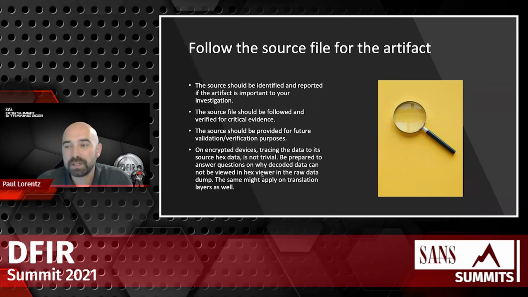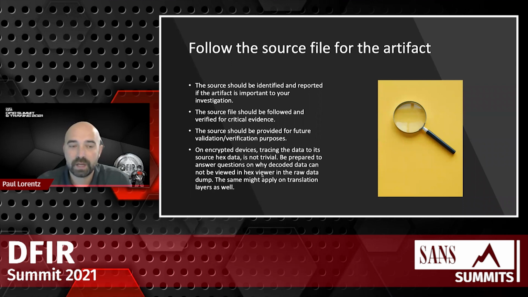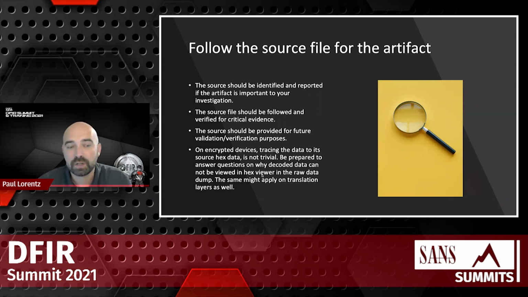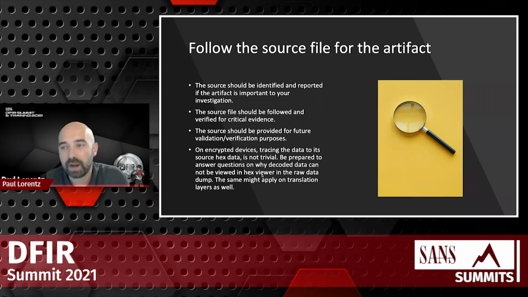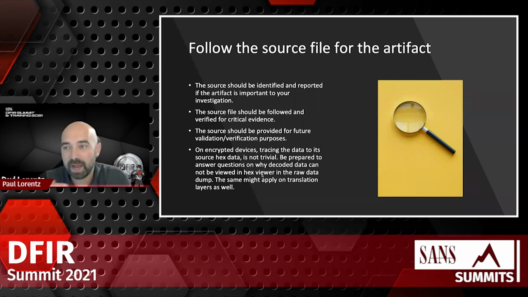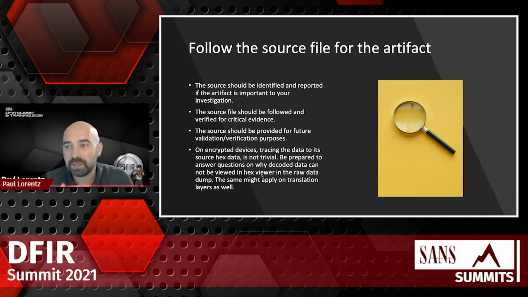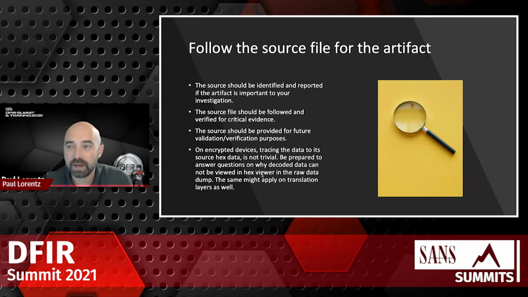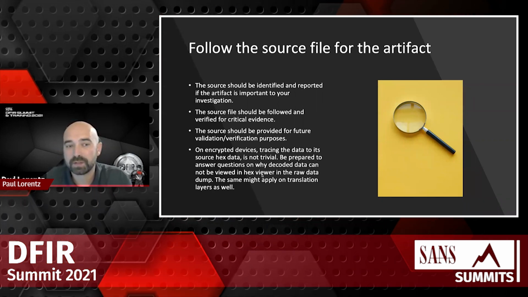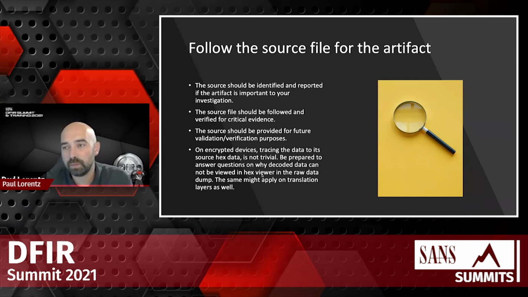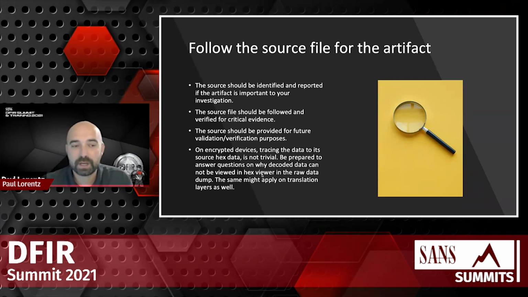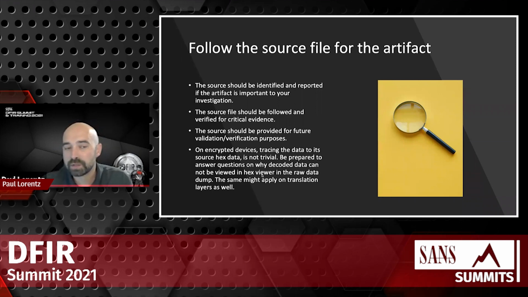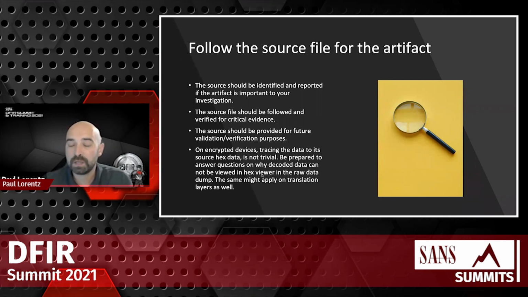If it's a critical piece to your case, whether it's an investigation or some civil litigation, drill down and find where this is coming from. It comes back to the validation piece. Document that, look at those databases, look at those files inside to make sure that data matches up. Not only does that make you as an examiner or investigator more comfortable with the structure, it makes you more confident to speak to the data as well.